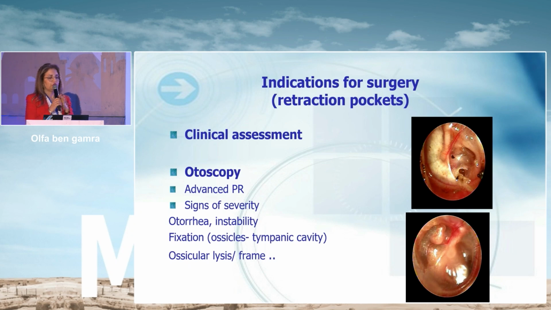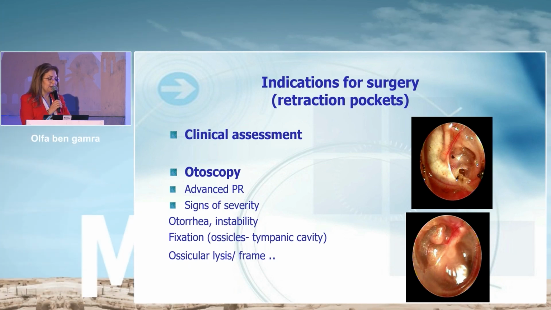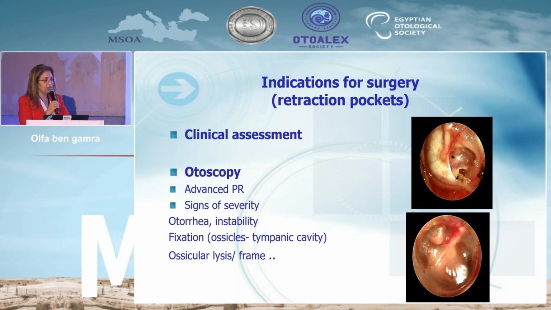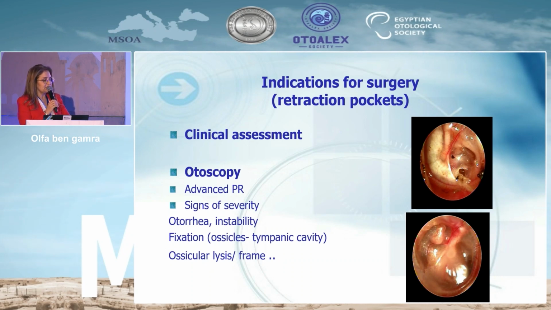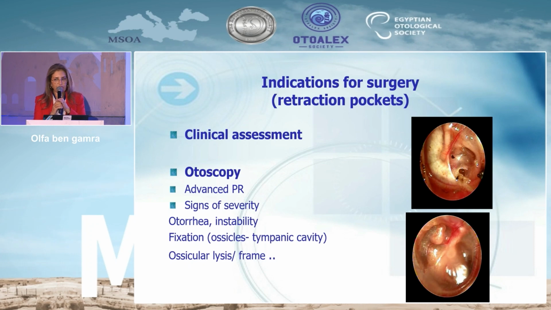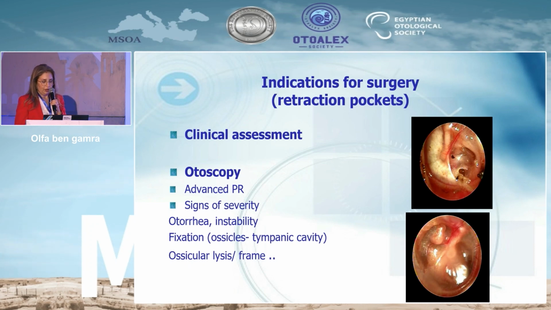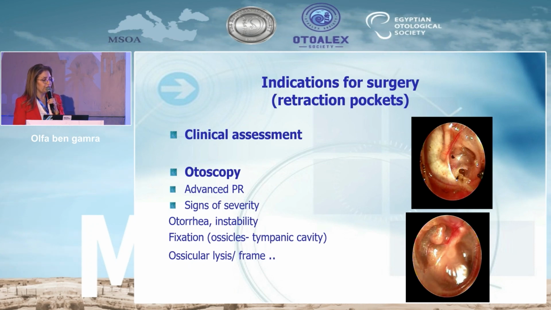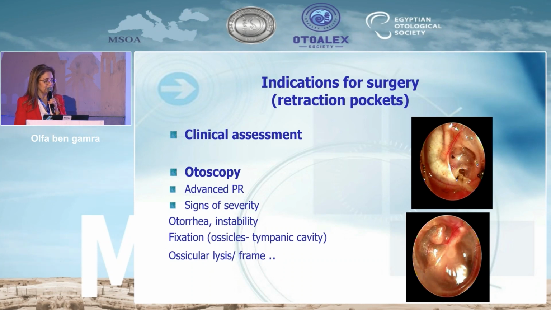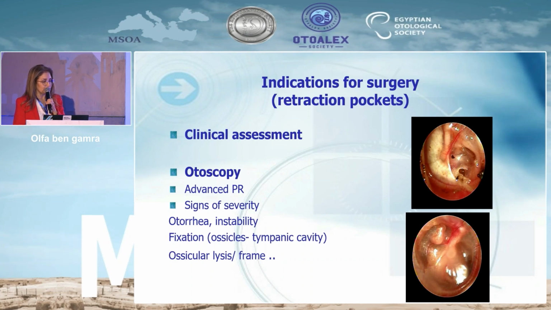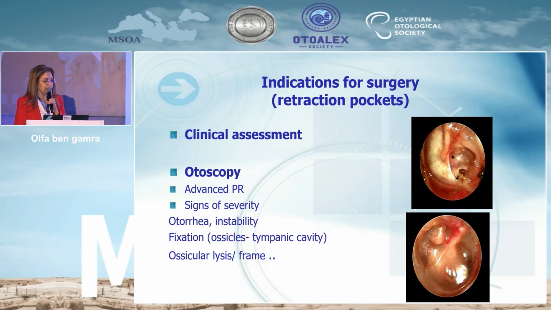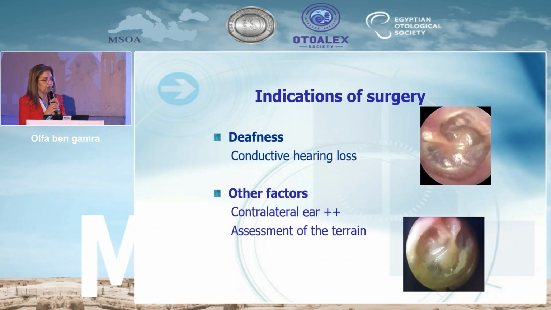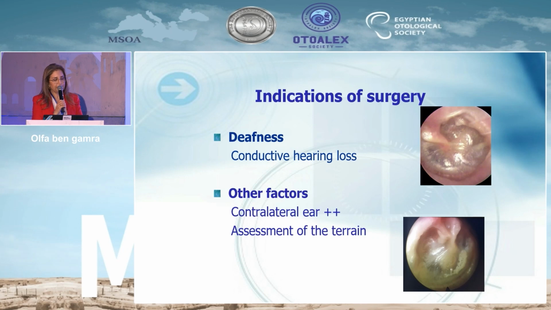Indications for surgery in retraction pockets are now well known. These include mainly advanced pockets and pockets with signs of severity on otoscopy: advanced pockets with epidermal invagination or lava flow, pockets with otorrhea, fixed pockets with erosion of the ossicles and resulting conductive hearing loss.